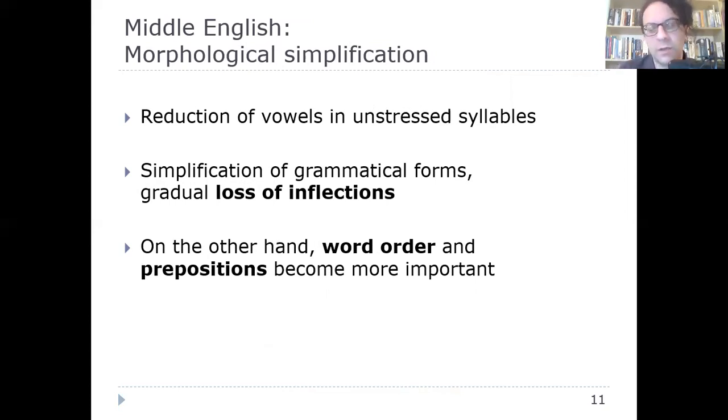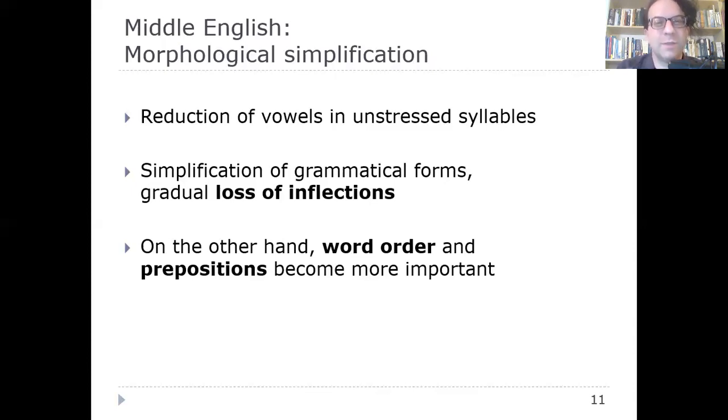So in order to encode that grammatical information, what English now does instead is it uses much more rigid word orders, and it makes use of a lot of prepositions instead of changing the forms of words like it used to. So you can say things like, I gave the book to him, right? And so the word to becomes very important there. If you leave that out, it's kind of strange.